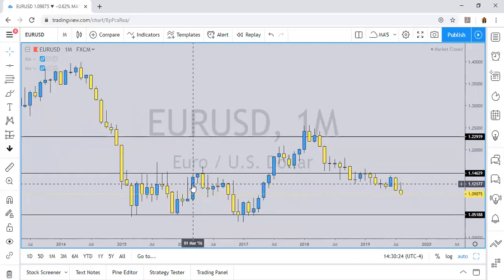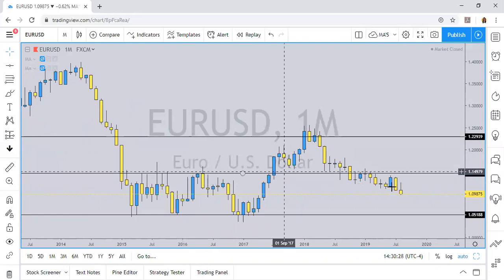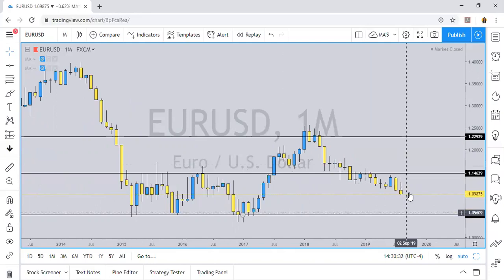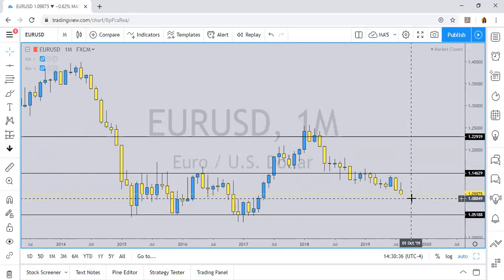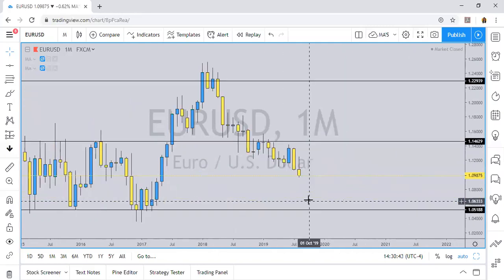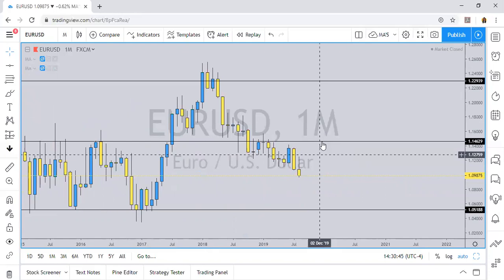We can come all the way down here, retest this area, or we can actually get a retest on smaller time frames. And then the market could come back up here and reject this area. But once again, this is just from the monthly time frame.